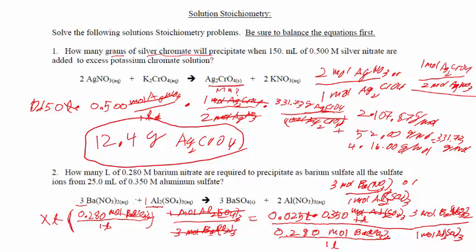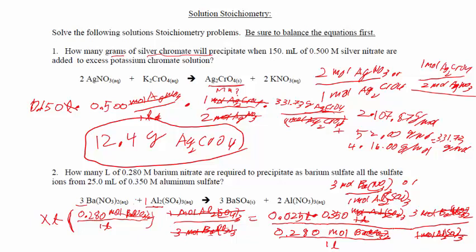this liter cancels with this liter, and I have moles of Al2(SO4)3 cancels with moles of Al2(SO4)3. Moles of Ba(NO3)2 cancels with moles of Ba(NO3)2 too.